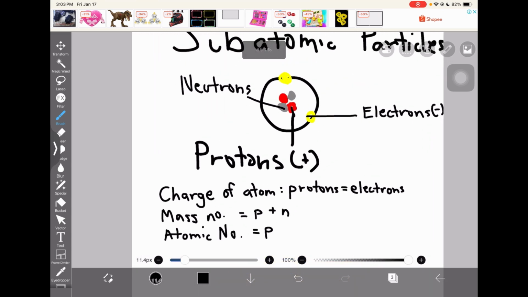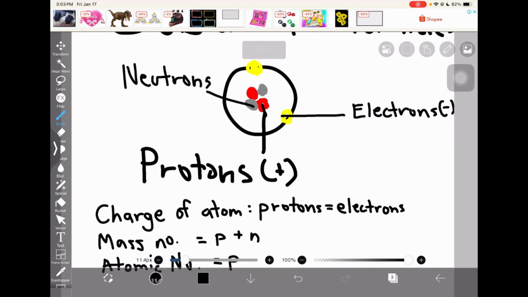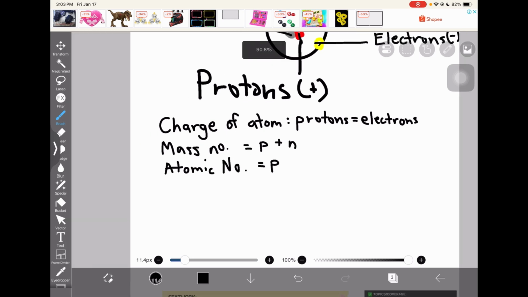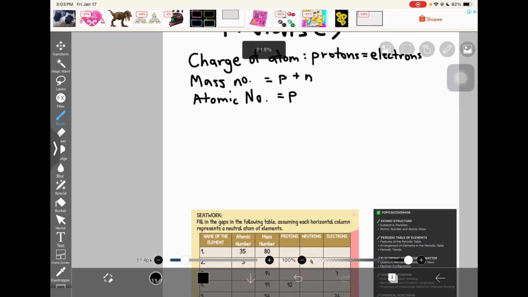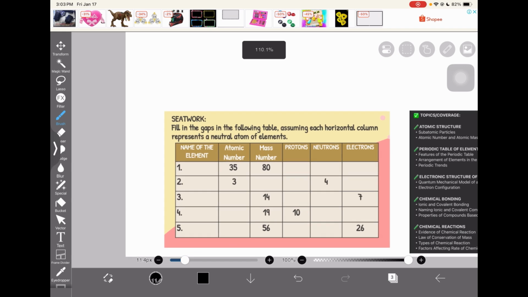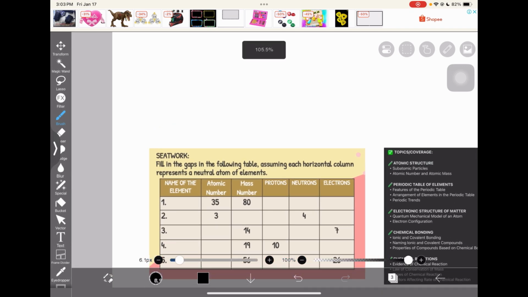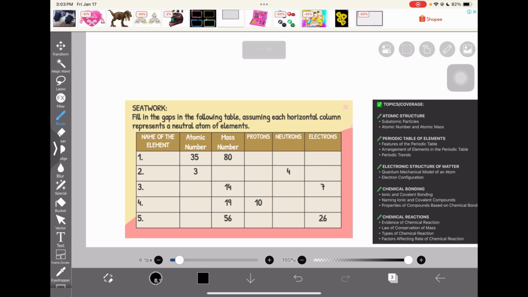Just remember their charges. Protons have positive, neutrons have nothing, and electrons have negative charges. The charge of an atom is protons equals electrons, and these are the other formulas. Even with just as little as this information, we can already solve the problems here.